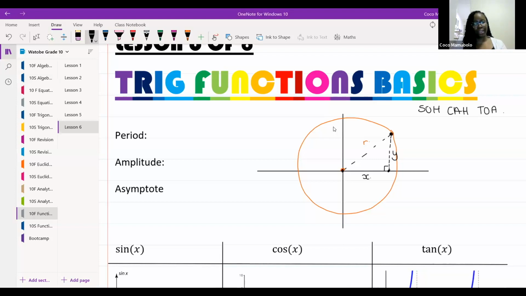So SOHCAHTOA can also be written as sin is y over r, cos is x over r, and tan is y over x. Give me a thumbs up if you've seen this before, because this is basic trigonometry that we should all know by now.